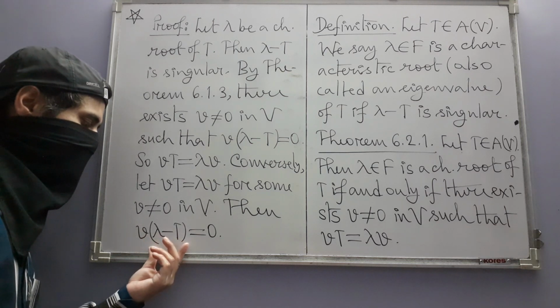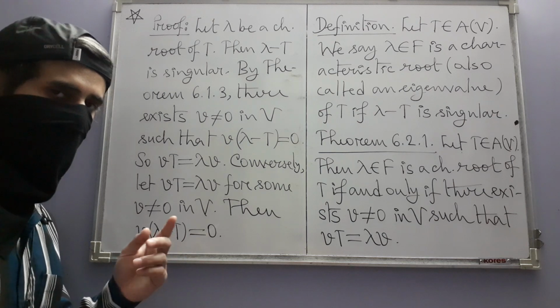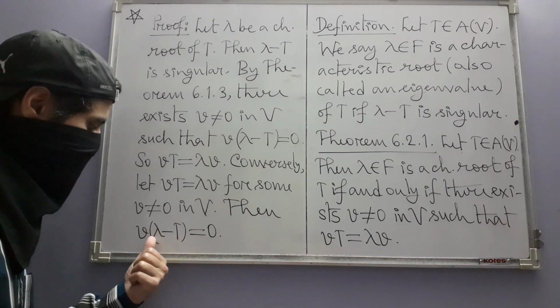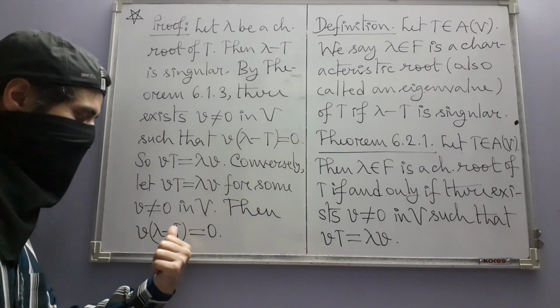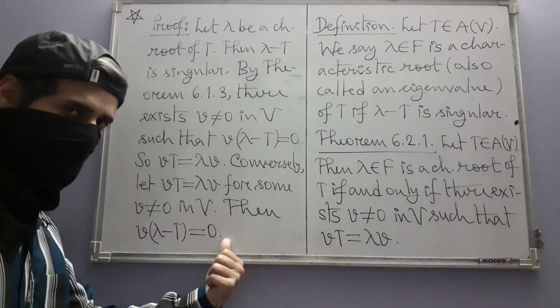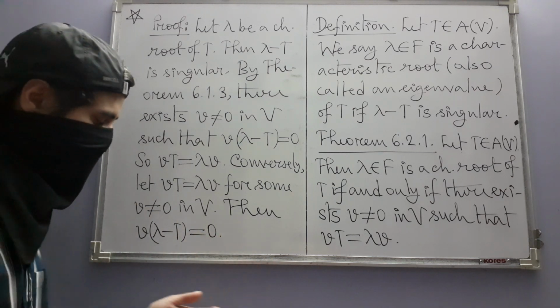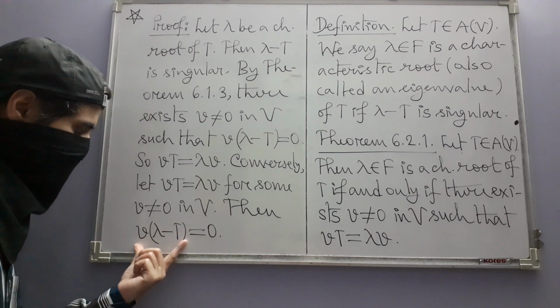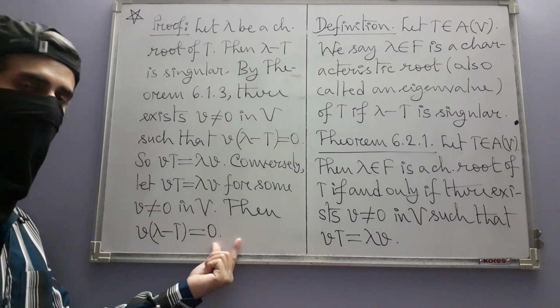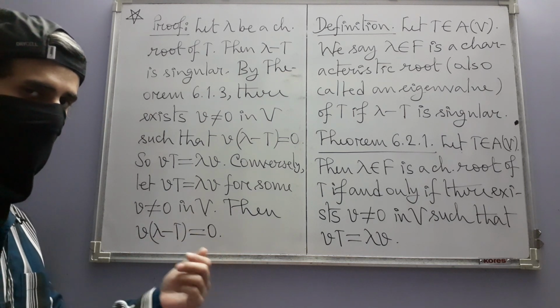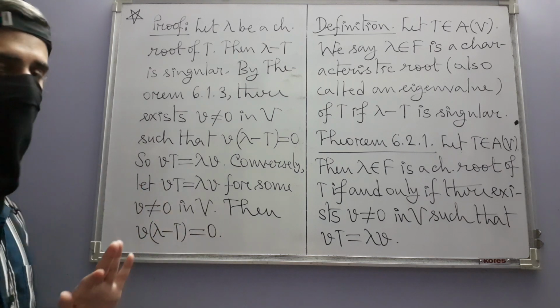If lambda minus T is regular, then it has its inverse. So applying the inverse to this vector and to this vector, that is going to give us the same thing. On this side we will have V, on this side of course we will have 0, getting V equal to 0, but V is not equal to 0.